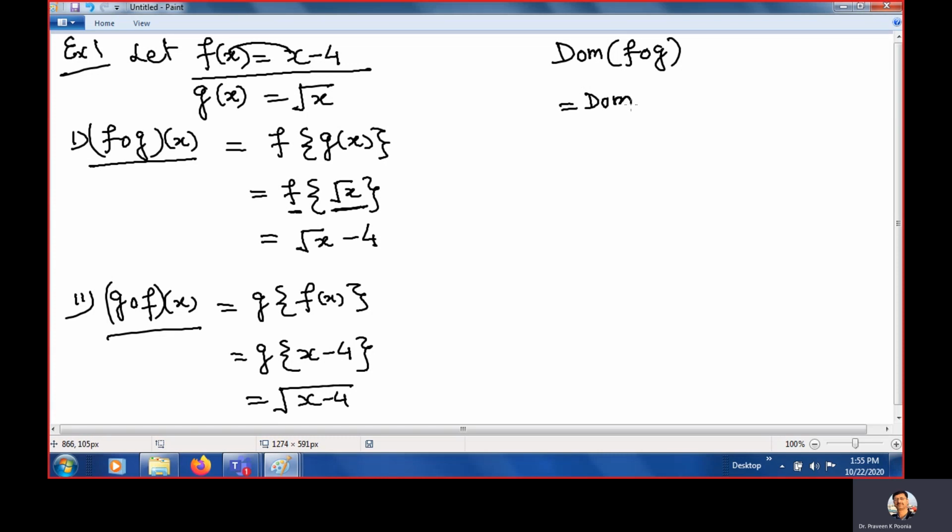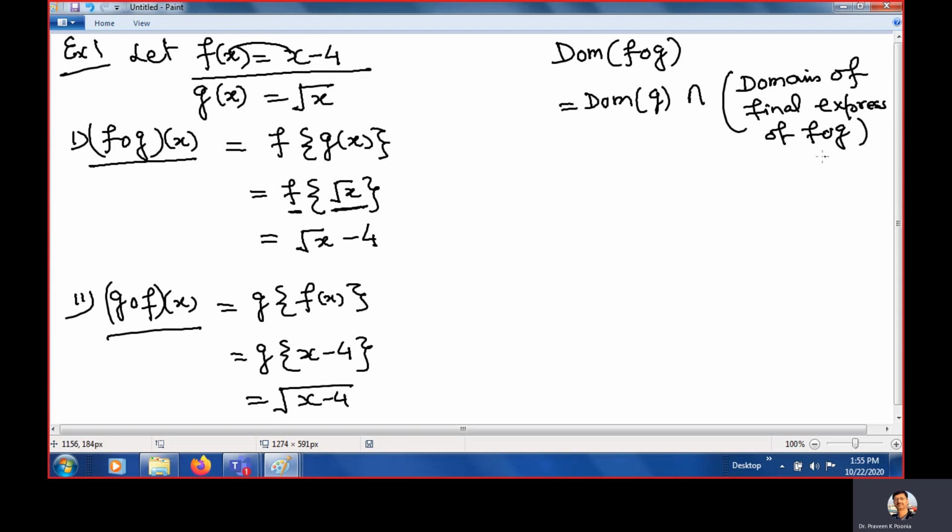It is equal to the domain of g intersection the domain of the final expression of f composition g. Now what is the final expression we are talking about? If we are talking about f composition g, this is the final expression. For g composition f, this is the final expression.